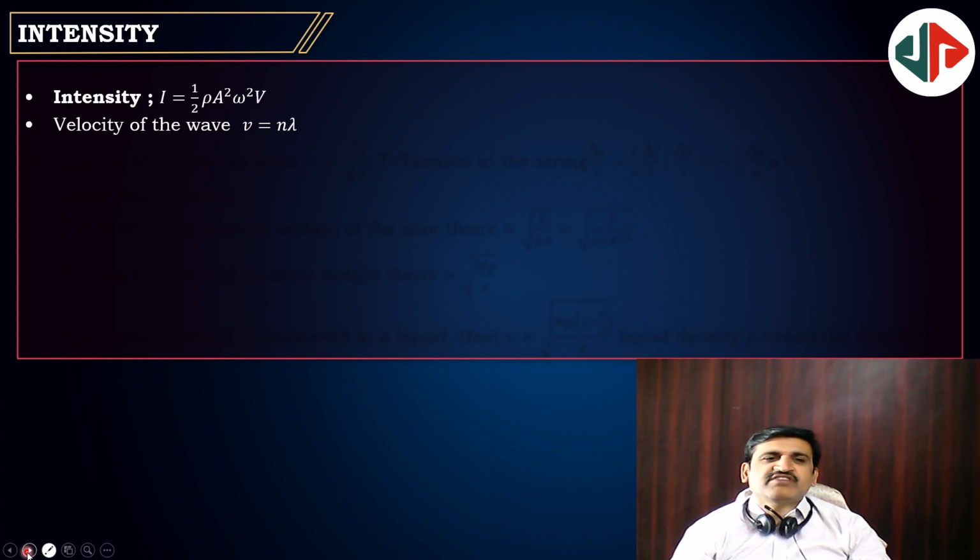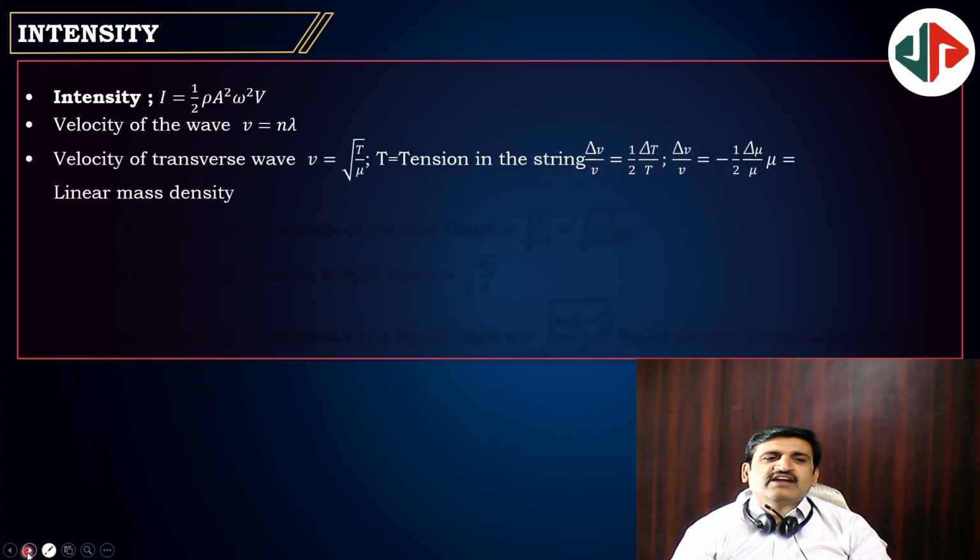The velocity of a wave v is equal to n lambda, but on strings the velocity of a transverse wave is v equals root of T by mu, where T stands for tension and mu stands for linear mass density.